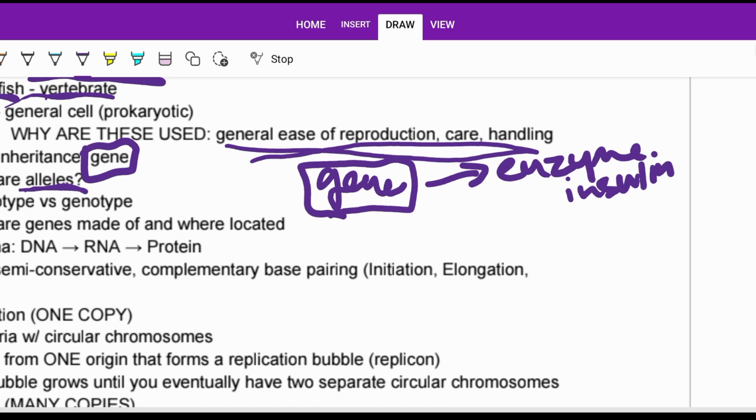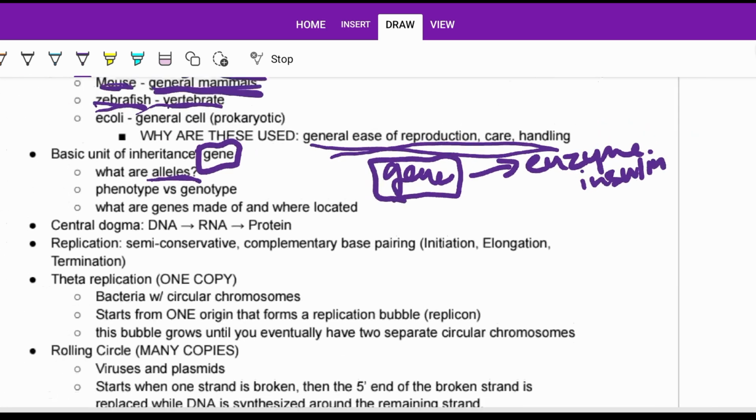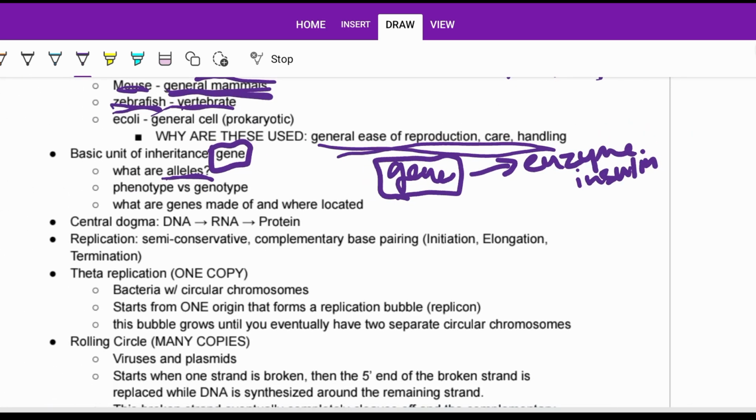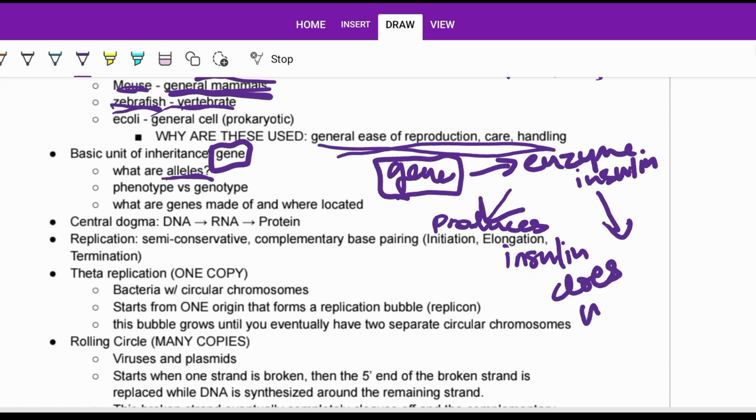And alleles are basically the variations that the gene can have. So if the enzyme is insulin, an allele could be one that produces insulin, or the second allele could be one that does not produce insulin.